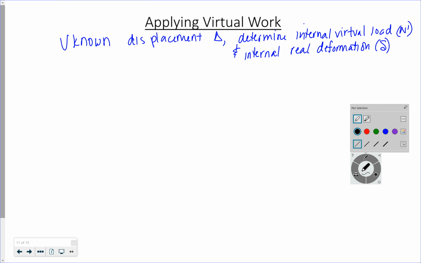So here's the procedure. I'm gonna have two different systems.